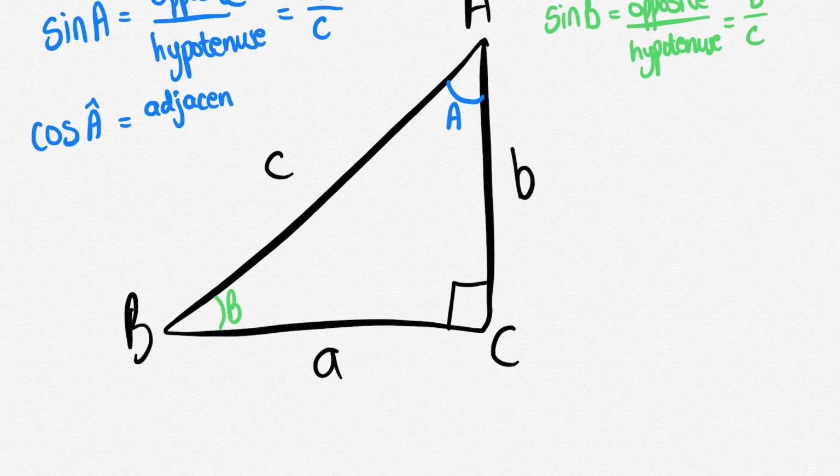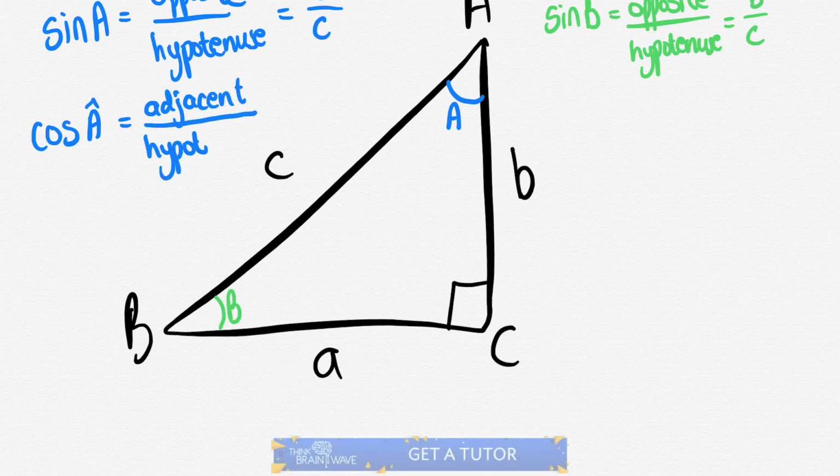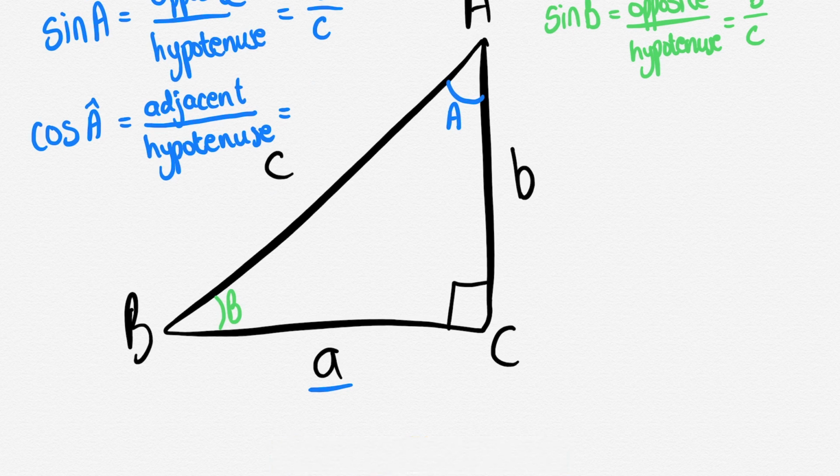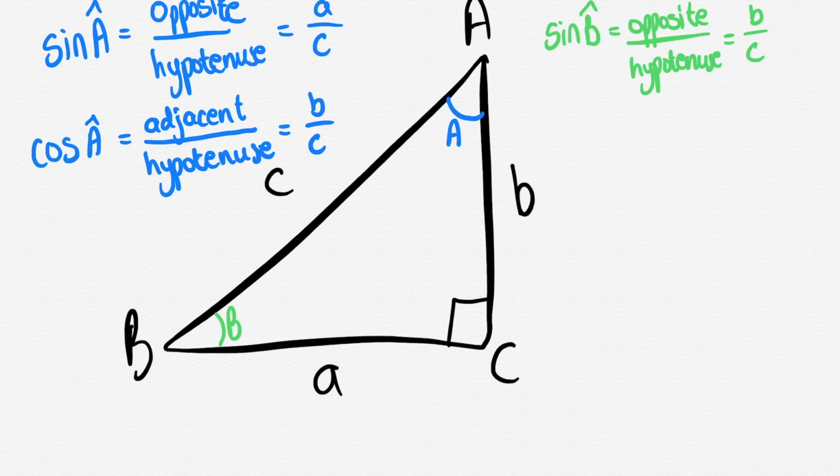So let's do cos now. We'll do cos of the angle A, the blue one. We say cos is adjacent over hypotenuse. The adjacent side for A would be lowercase b, not a anymore. That's the difference between sine and cos. So it would be b over c.